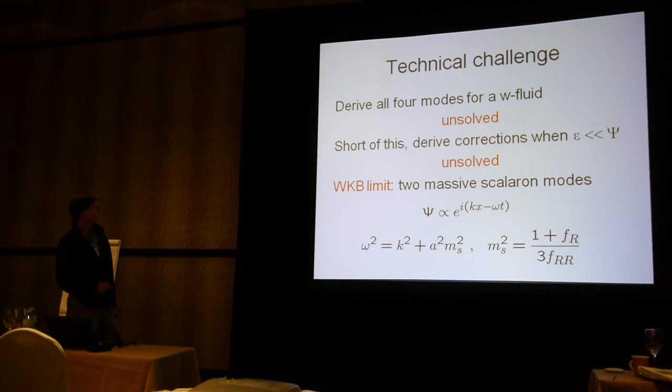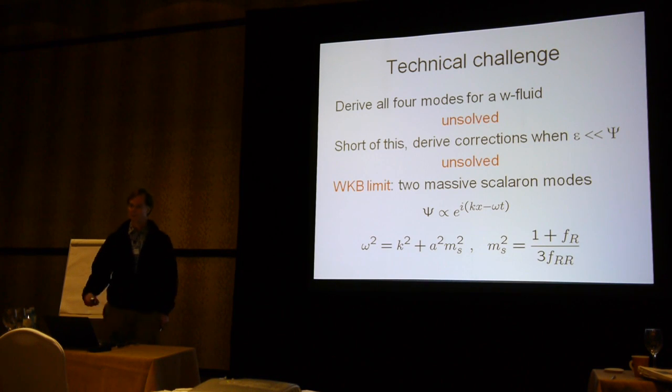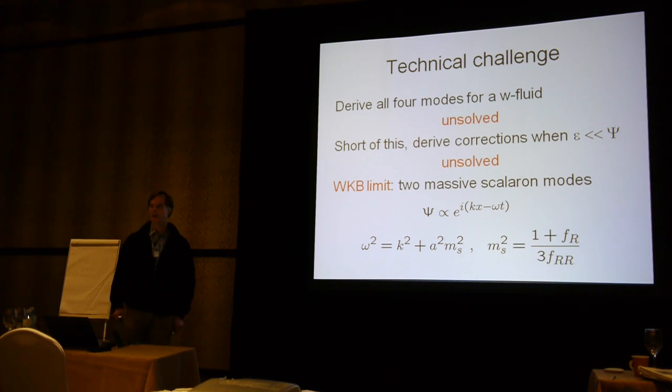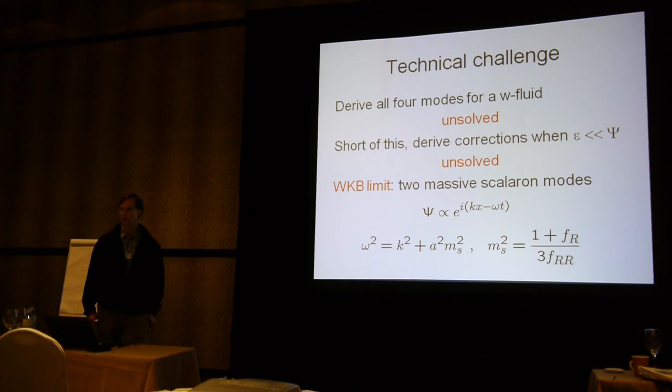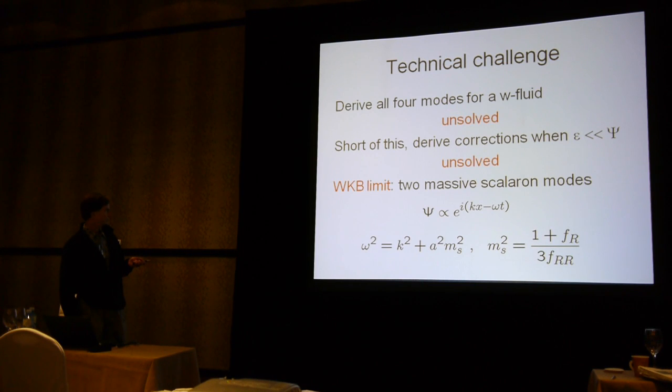Short of having a complete solution, one can look at a perturbative limit of the perturbation theory, and that is to ask when the scalaron is small, can one solve the problem perturbatively? And I'm sure that the answer to that question is yes. We just haven't done it yet, but we're on track to do it. There is, however, a limit in which the solution is quite straightforward.